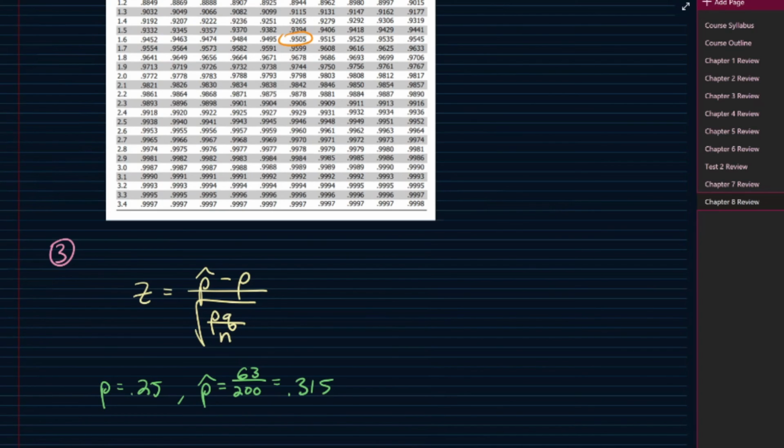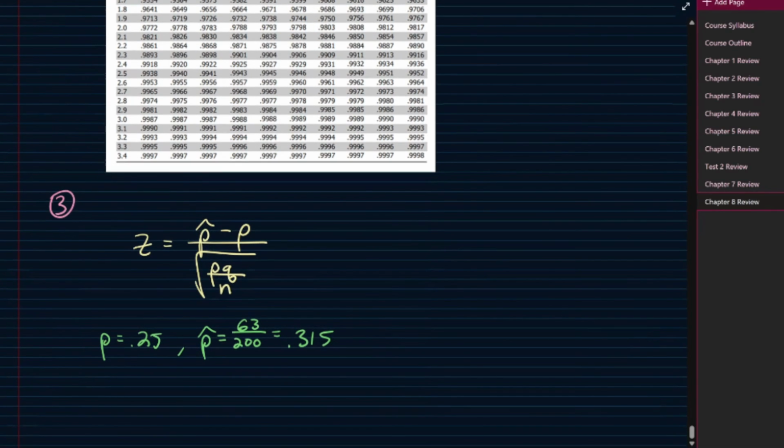What else do we need? q. Well, if p is 0.25, q is 0.75. It's just the complement. And our n is 200.